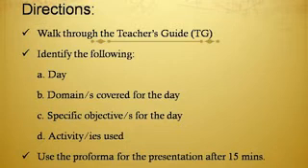Day 1, day 2, day 3, day 4, day 5. Then, identify the domain or domains covered. As I've said, in one day, sometimes you cover 2 or 3 domains. Then, specific objectives for that day. Objectives for the day. Then, the activity or the activities used.